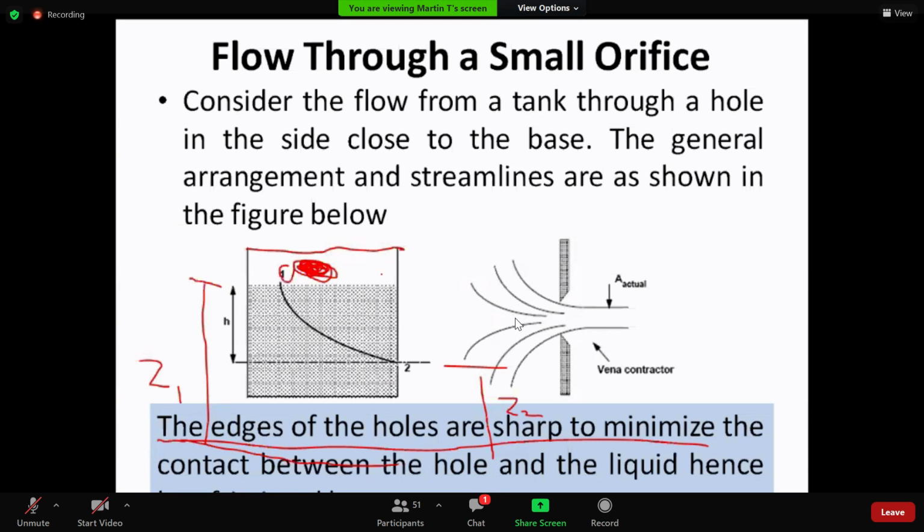Our P1 would be the pressure exerted at that point. Likewise, if this orifice at point 2 was not open to the atmosphere, then we would have the pressure that is exerted at this point.